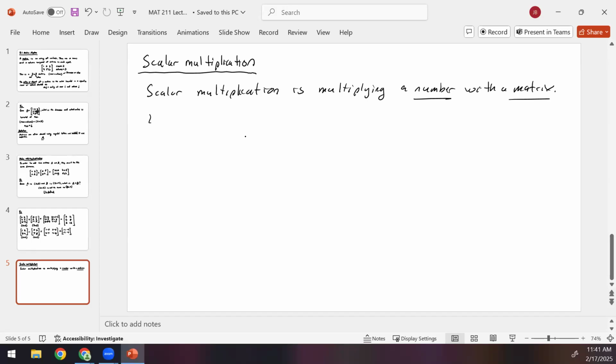Well, let's just pretend we have a matrix. So let alpha, I know that's a funky alpha, but let alpha be a number or scalar. That's another word for number, scalar.